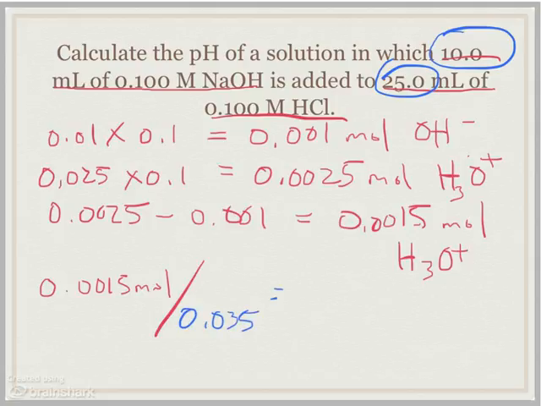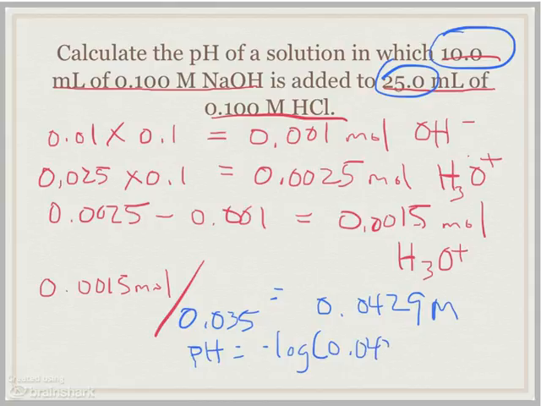And that comes out to 0.0429. That's your concentration for HCl, or for if we're dealing with hydronium ions. So from that, you can figure out your pH by just doing the negative log. So if you do the negative log of that number, you're able to figure out that the pH of this particular solution is 1.37.